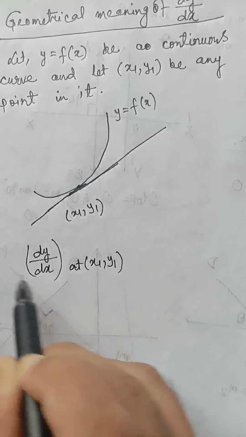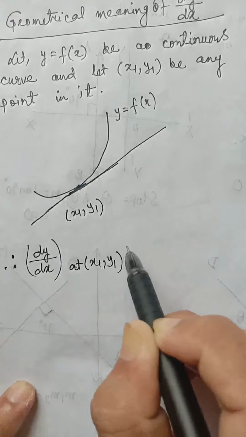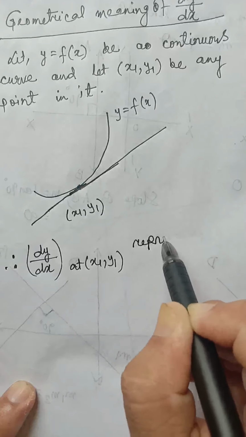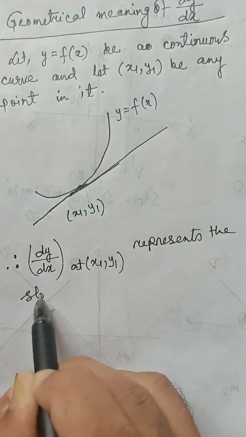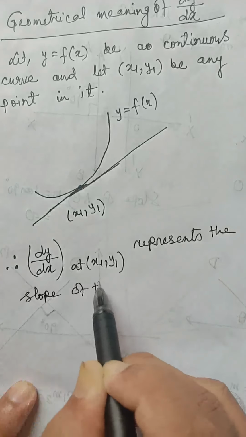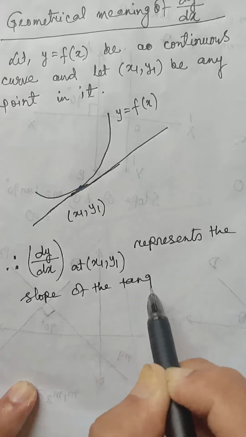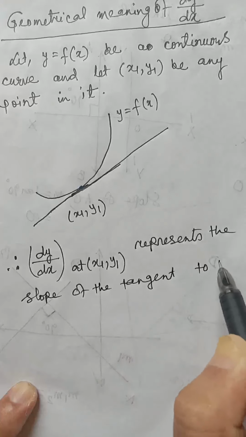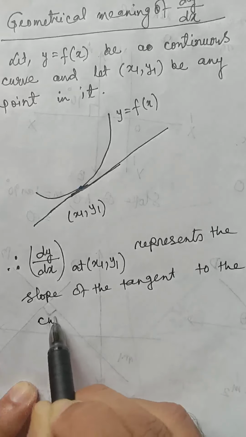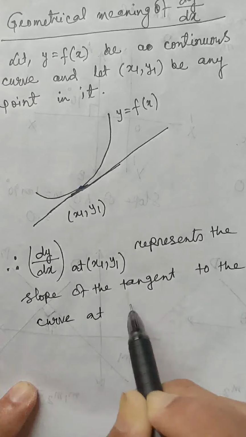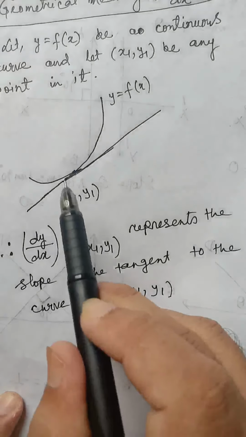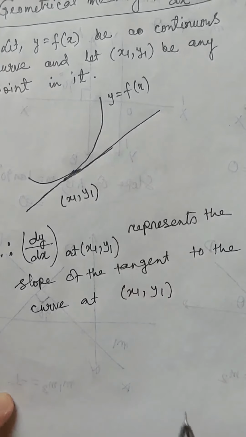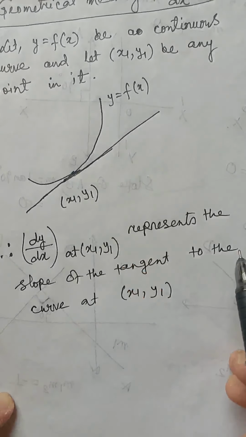So dy by dx at x1, y1 represents the slope of the tangent to the curve at the point x1, y1.